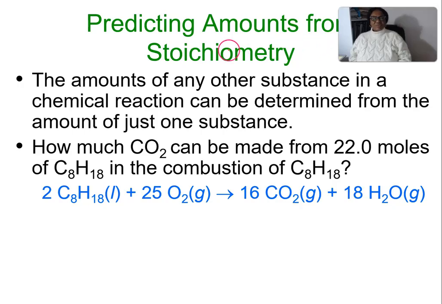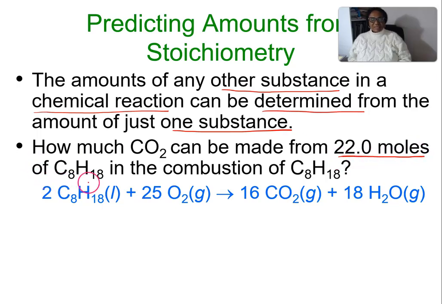Predicting amounts from stoichiometry. The amount of any other substance in a chemical reaction can be determined from the amount of just one substance in the chemical reaction. So, for example, we can find the amount of carbon dioxide that can be made from 22 moles of C8H18 in this reaction.